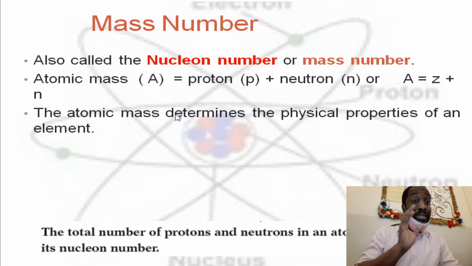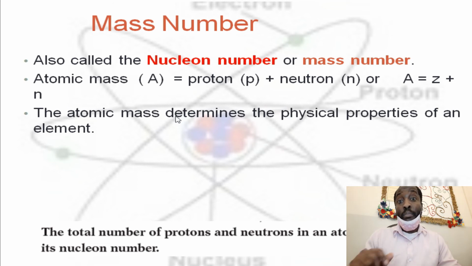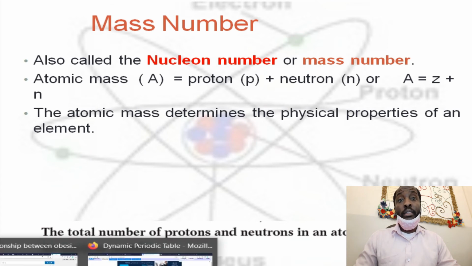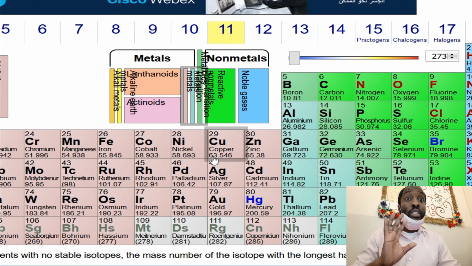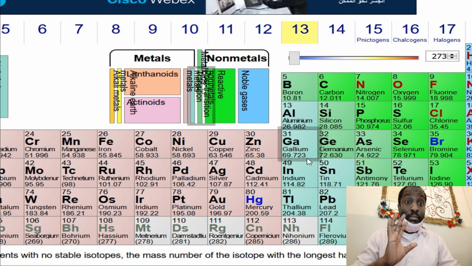Most of them are decimal numbers. If we move to a periodic table, let's try to see the difference. You see, this is what we call the atomic mass. The atomic mass of cobalt is 58.93. So most of these numbers in decimals are what we call the atomic mass.